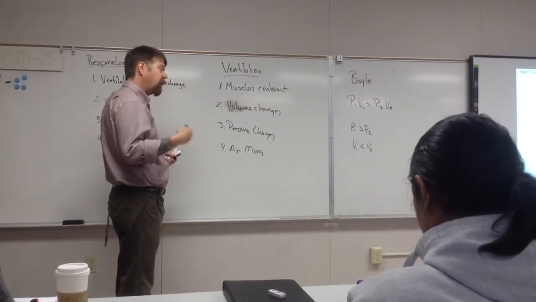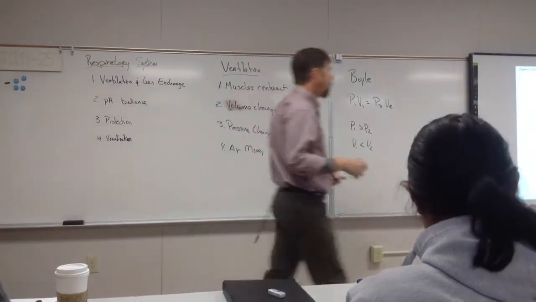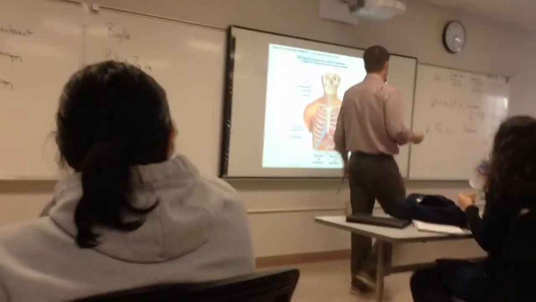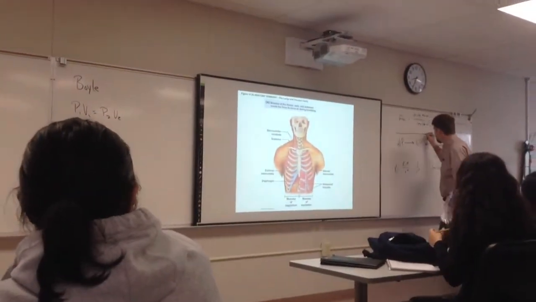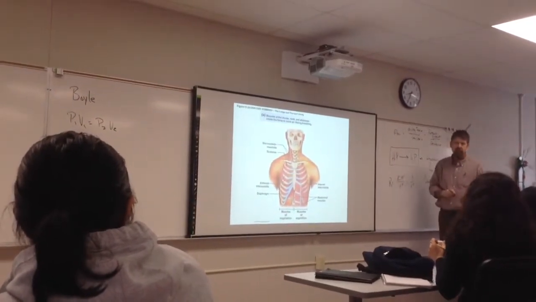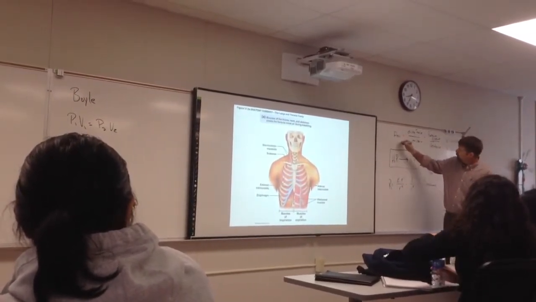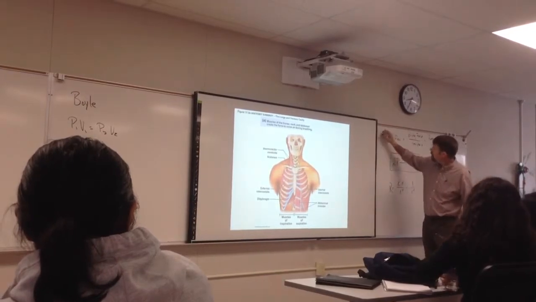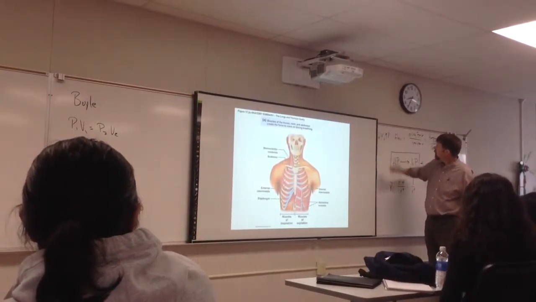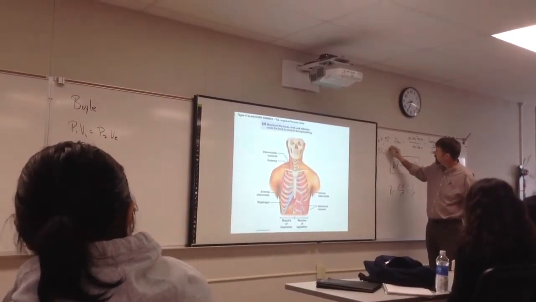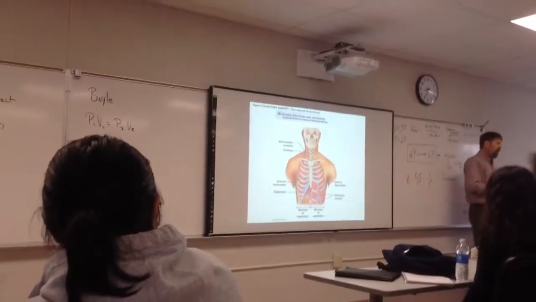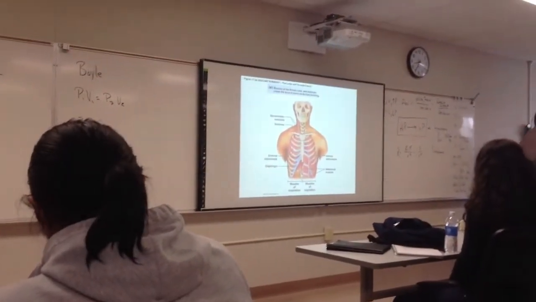So that's what generates the driving force, if you will. This pressure gradient is created by changes in volume. If we decrease the volume, you have to increase the pressure. If you increase the volume, you decrease the pressure. And this is all relative to what? Atmospheric pressure.